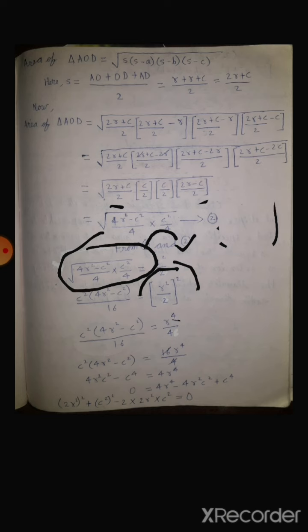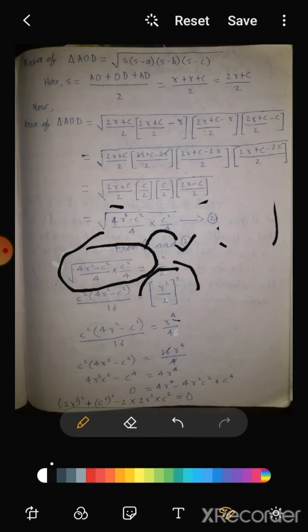Next step is C square into (4R square minus C square) divided by 16 equals R to power 4, that is R square into R square, whole square will give you R to power 4, and 2 square will give you 4.